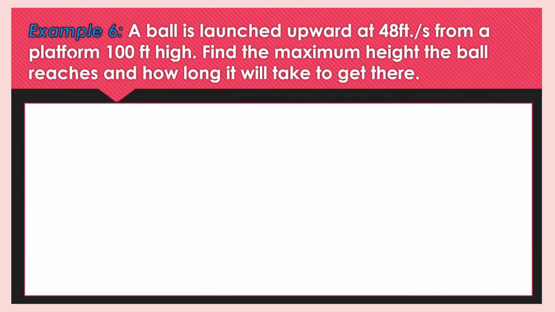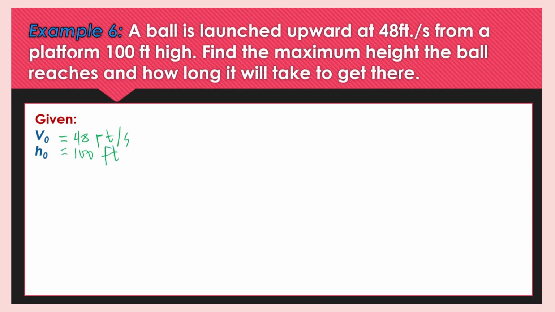Example 6. A ball is launched upward at 48 feet per second from a platform 100 feet high. Find the maximum height the ball reaches and how long it will take to get there. So for the solution, let us write the given. The given initial velocity is 48 feet per second, and the initial height is 100 feet.